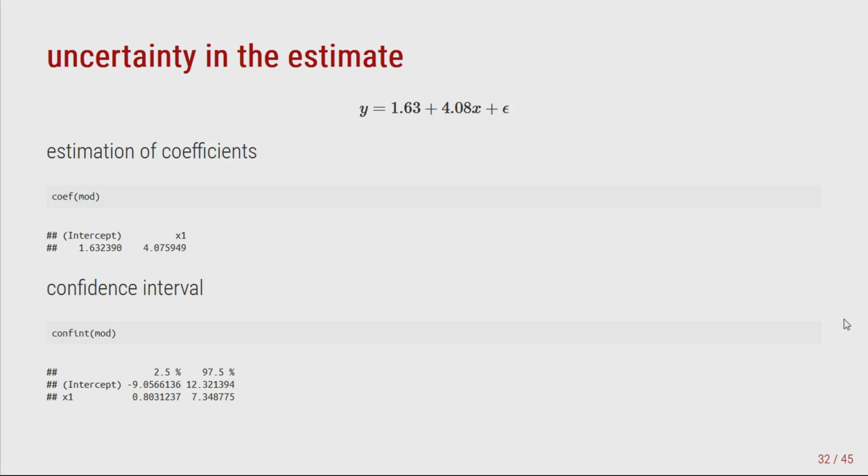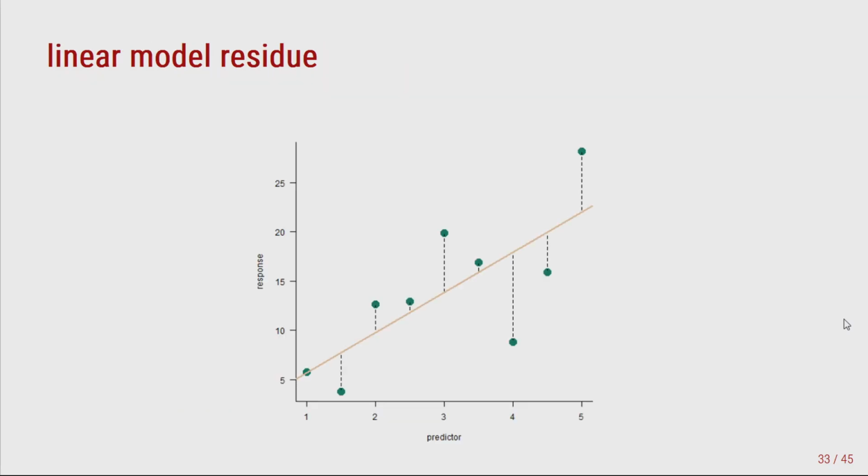So it's another important part of statistical modeling, understanding the confidence interval of the estimates that we are doing. And we can do that by applying the confint function to our linear model object. Linear models have everything in base R. If we are dealing with more complex models, we have to estimate the confidence interval using more complicated procedures, but for linear models this is super straightforward.